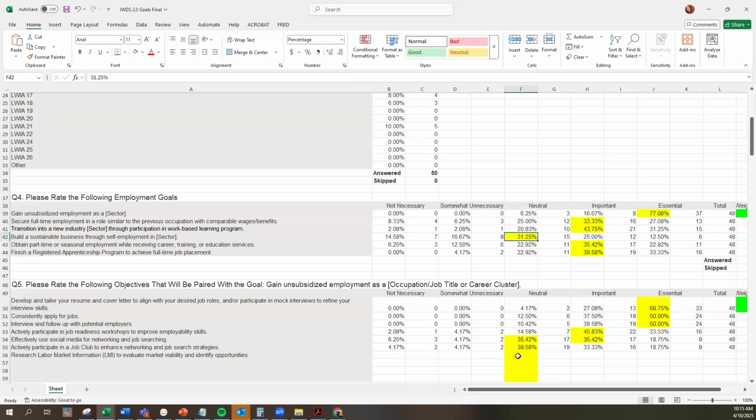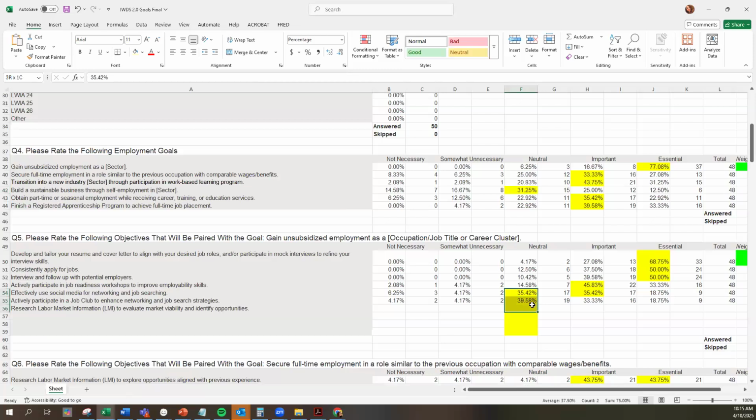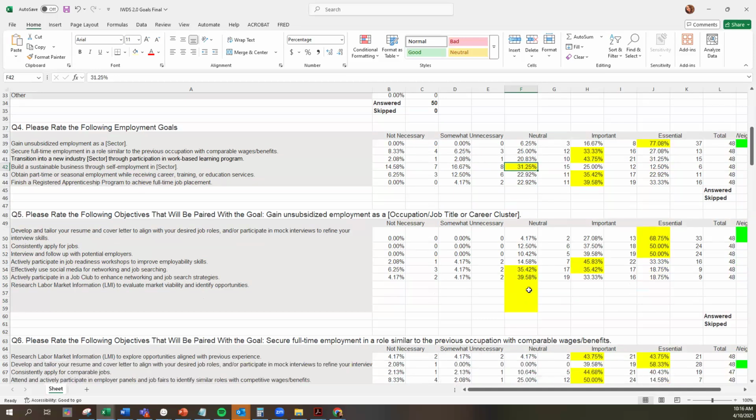We had a few neutrals, and so we took a closer look at where their highest were neutrals. Based on what we are seeing in the comments we got, it wasn't that these were not really necessary or something that wasn't used. They were just not used very often.